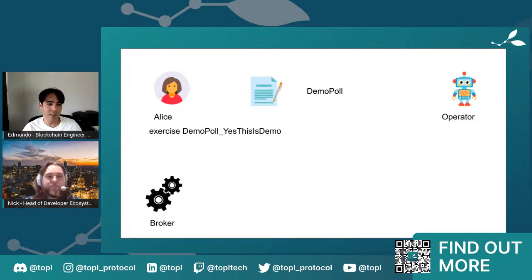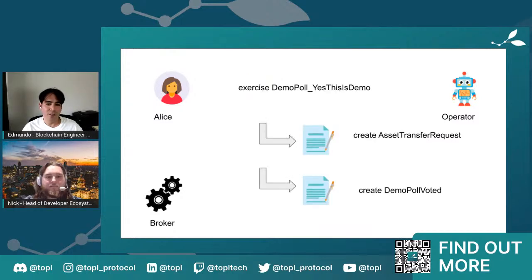There are two choices in the demo poll: I can exercise the choice to vote yes and the choice to vote no. In both cases, we create an asset transfer request, but in one, we transfer the asset to the yes address, and in the other case, we transfer it to the no address.